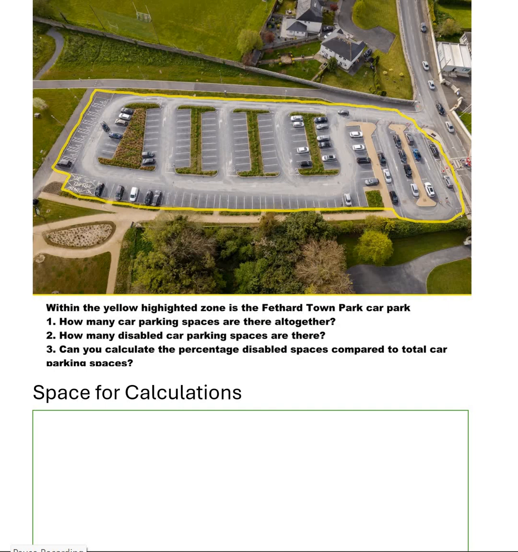So the next question is the Feathertown Park car park. And it says how many car spaces are there altogether? You might disagree, but based on my counting, I got 130. But feel free to look here and count and correct me. Then it says how many disabled car spaces are there, and I counted 8. And then it says calculate the percentage of disabled spaces compared to the total number of spaces. So how we do that is we take the total number of spaces and make a fraction out of it.